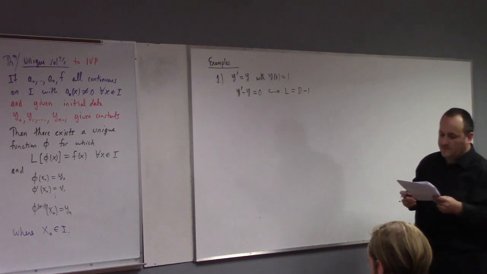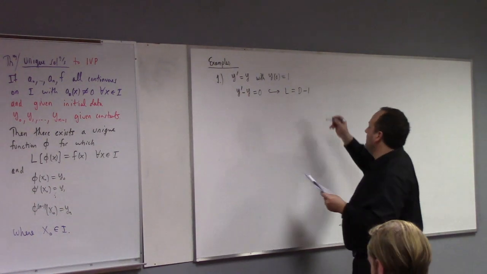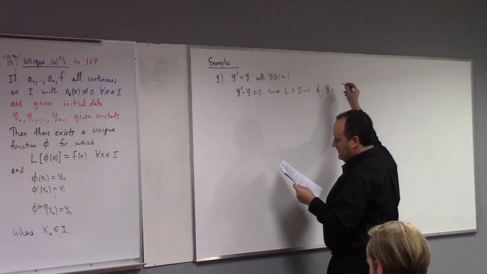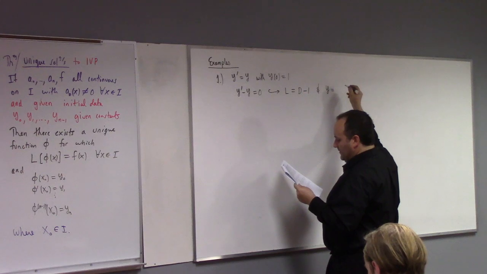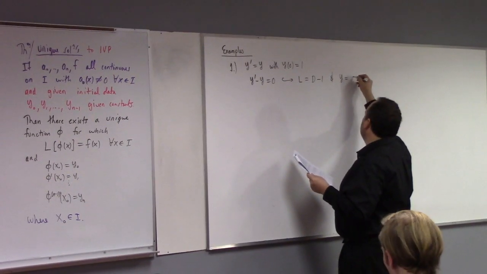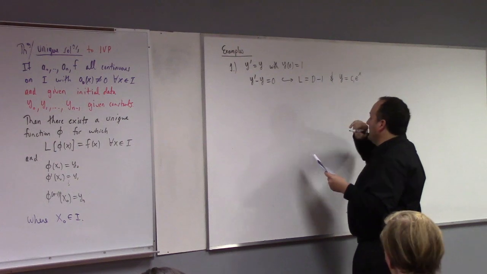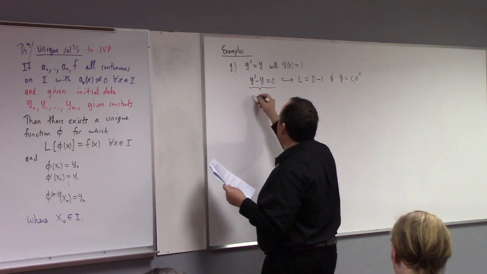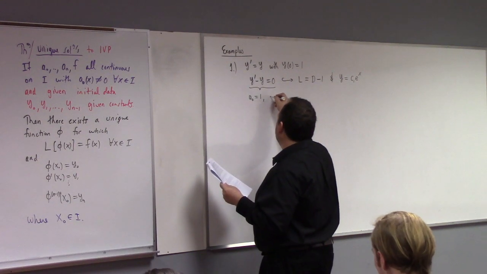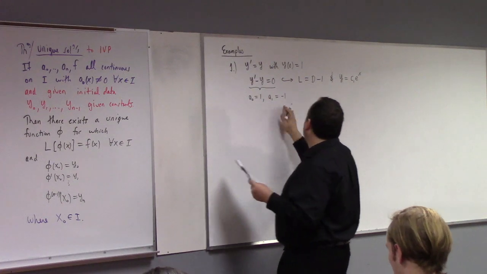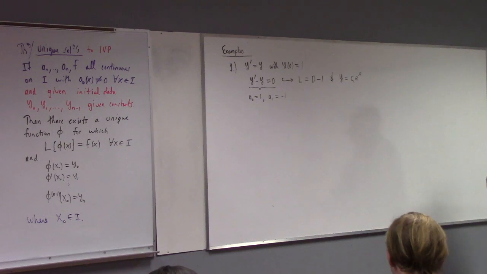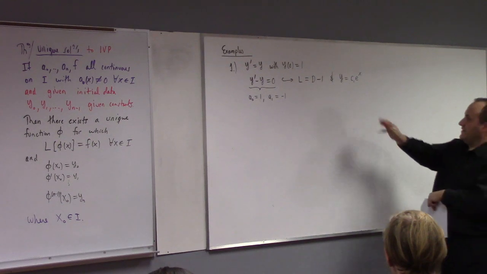What's my general solution? y is equal to c1 e to the x, I suppose. So this one, in terms of my labeling, we have a sub 0 equals 1, and a sub 1 is equal to minus 1. Those are continuous on the reals, so the domain of definition for this problem would just be the whole real line, and any solution can be written in this form.